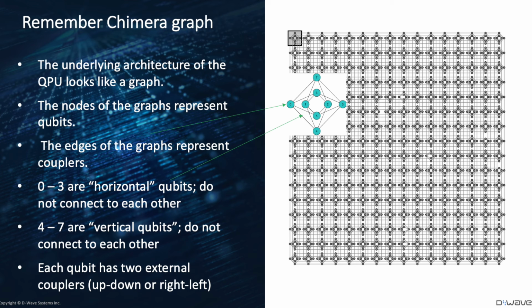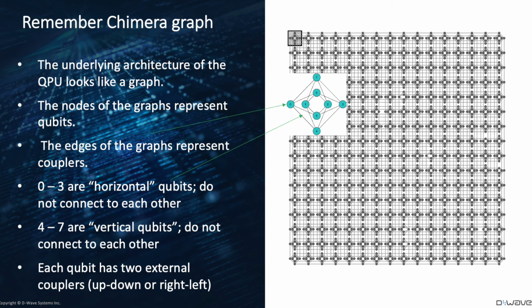And each qubit also has two external couplers that are not shown in the unit cell. For example, if you look across the top row of the lattice there, you can see that each qubit has one on its left and on its right, in addition to those within the cell. And if you look across the right-hand column of the figure, you can also see that each qubit there has a neighbor above and below.